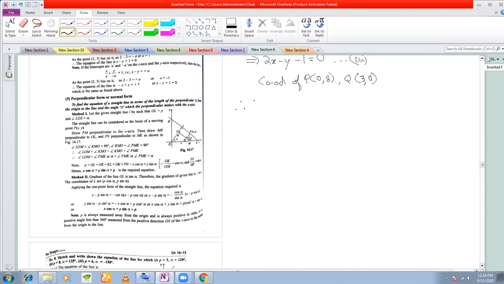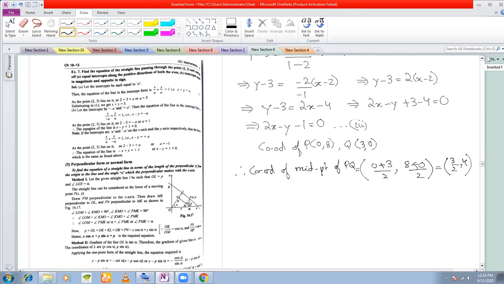Therefore, what is the coordinate of the midpoint of PQ? Coordinates of the midpoint of PQ is equal to (0 plus 3) by 2, comma (8 plus 0) by 2, which is equal to 3 by 2, comma 4. Okay. So let us now check whether this point 3 by 2, comma 4 lies on this straight line or not.